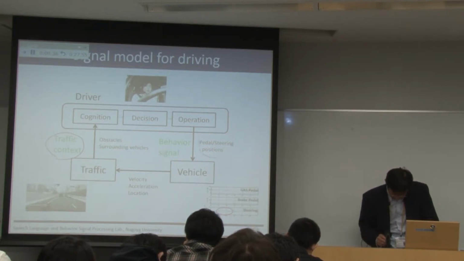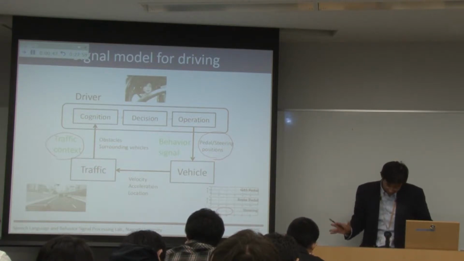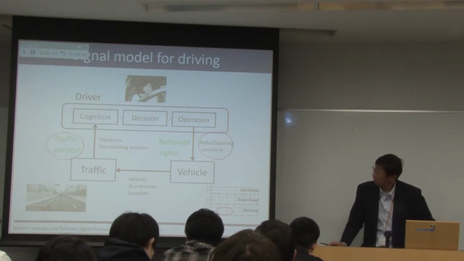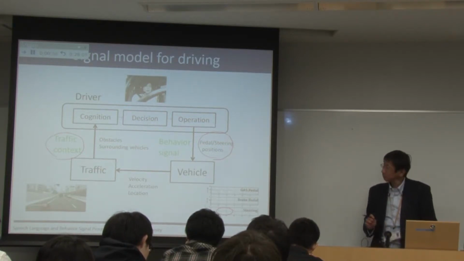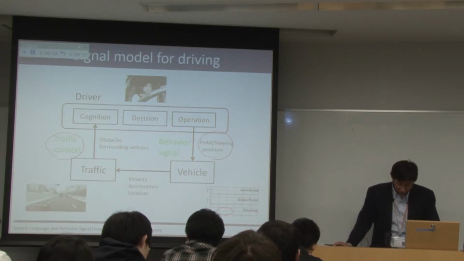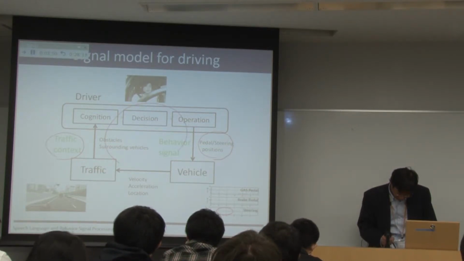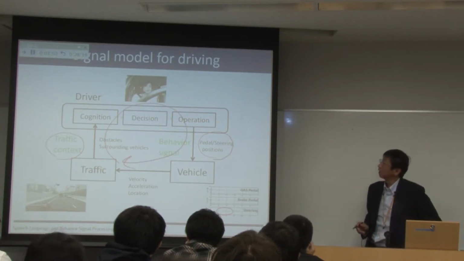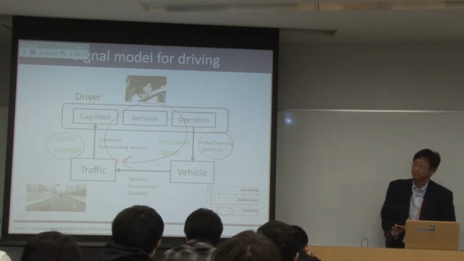And for the driving case, we operate pedals and steering wheels, which changes the vehicle behavior, and in the context relative to the surrounding vehicles and the road, the traffic situation will be changed. So a very simple loop of signals characterizes the driving.